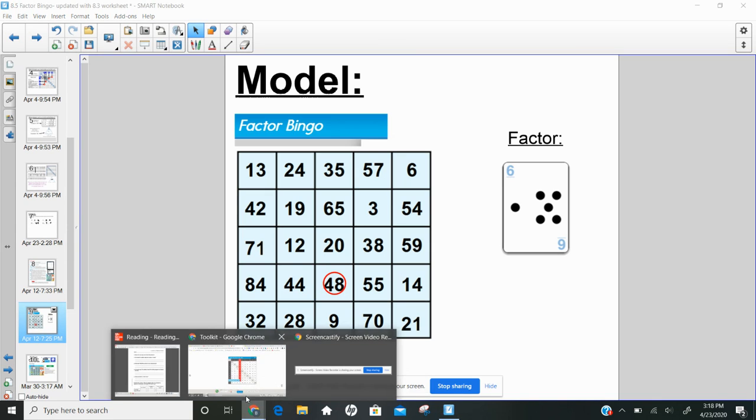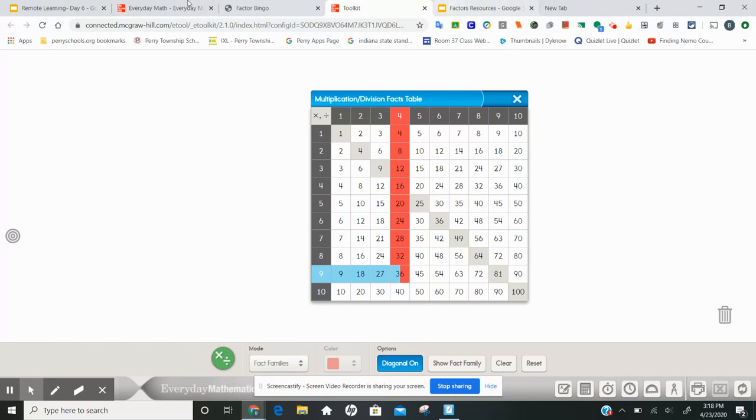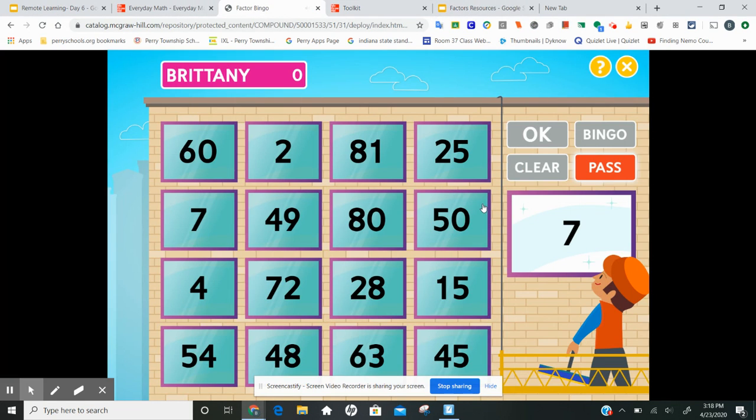If you were playing this on the actual Everyday Math games, I have that pulled up here. My card that was pulled was 7, so I need to find one of these products over here that would have 7 as a factor. Well, I could choose 7. Maybe that would help me in my row, but look, maybe I'll pull 7 again, but I don't know if I'm going to find something that's going to be 49.